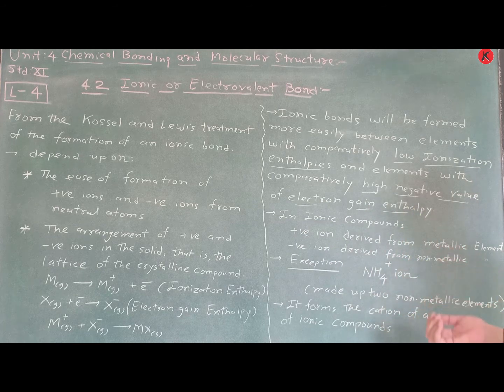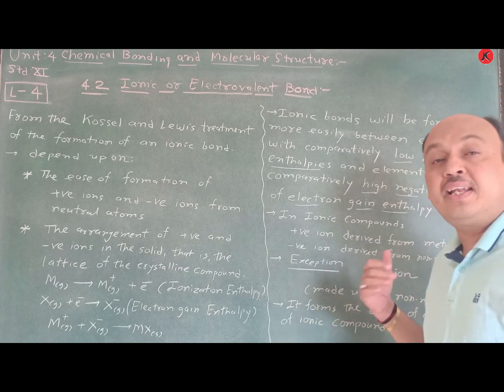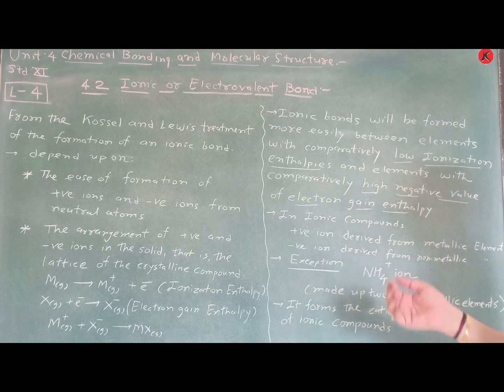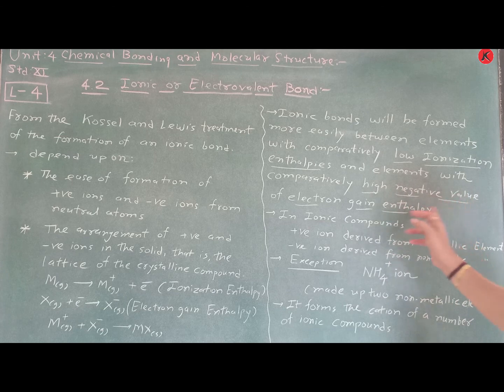High negative value of electron gain enthalpy. Among halogens, chlorine has it, followed by fluorine. So remember this high negative value of electron gain enthalpy.